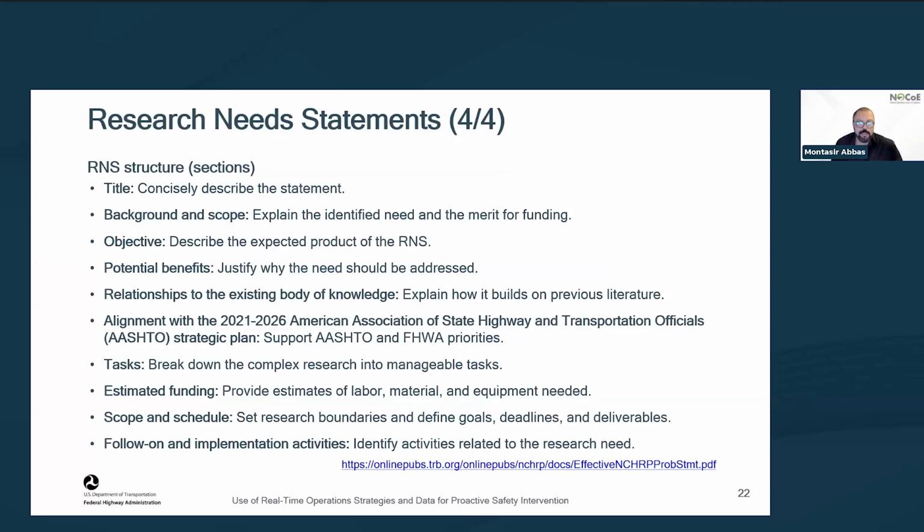And then alignment with the 2126 American Association of State Highway and Transportation Officials strategic plan, what kind of tasks we envision that work needs to include, what the estimated funding would be, scope and schedule, and then follow-on and implementation activities. Please, next.